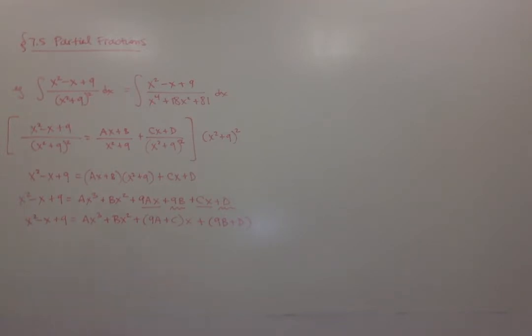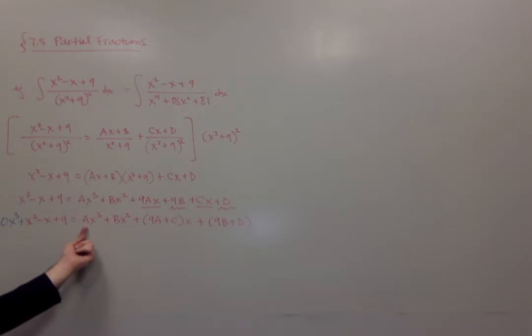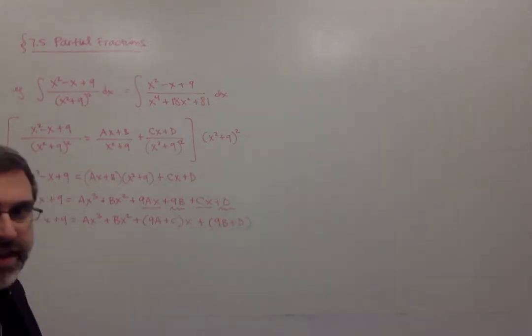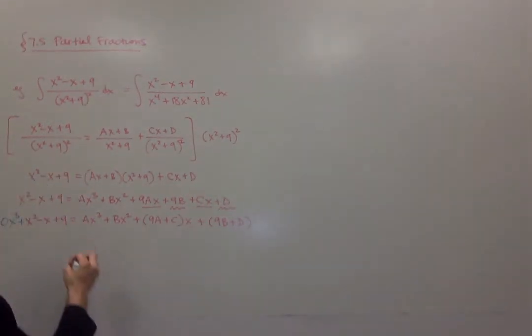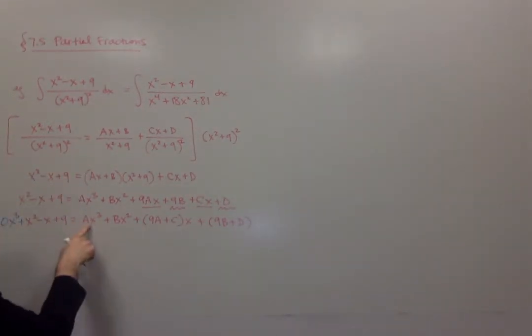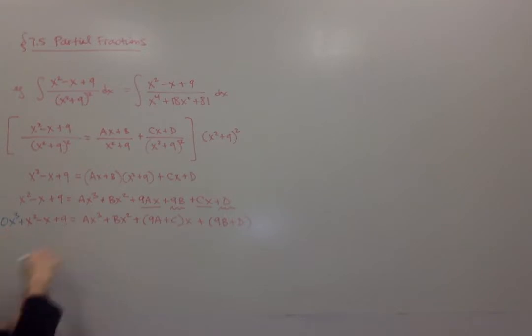So that means that if I have an x cubed term on this side, that should equal the x cubed term on this side. Now the x cubed term on this side is actually 0x cubed, right? There's no x cubed term over here. So what does that tell you about a? A actually has to be 0, right? The x cubed terms on both sides have to equal each other. So that means that a has to be 0.